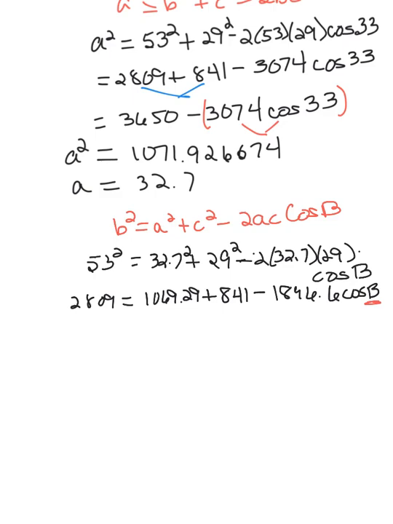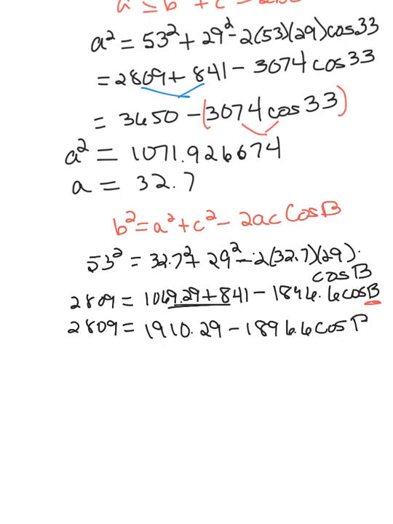So the first thing I'm going to do is put these two like terms together. And in doing that, I get 1910.29 minus 1896.6 times the cosine of B.